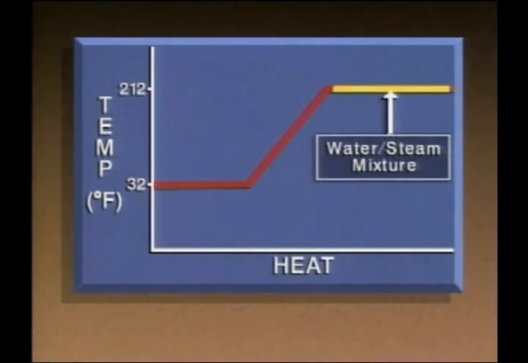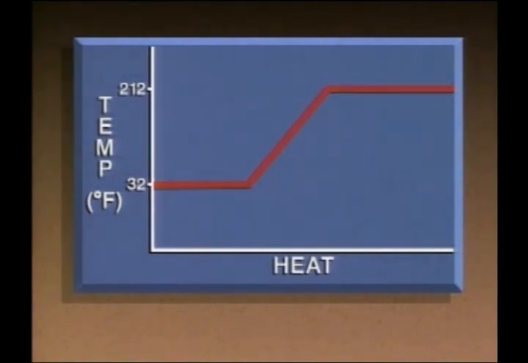So the line between these points represents a water-steam mixture. In the example we just saw, heat was added. If heat is removed, the heat transfer line moves in the opposite direction. That is, when heat is removed from steam, the steam starts to condense into water. Under these conditions, heat is removed from steam, and the steam condenses rather than vaporizes.